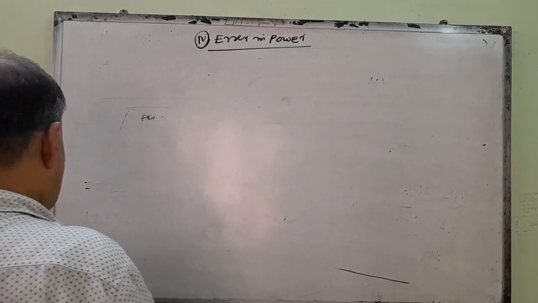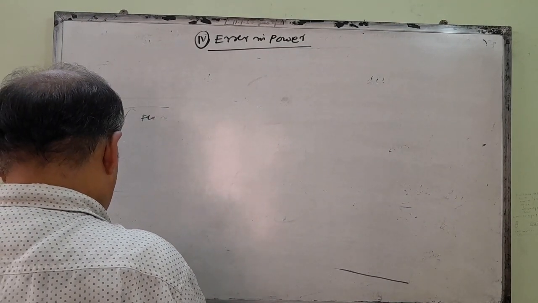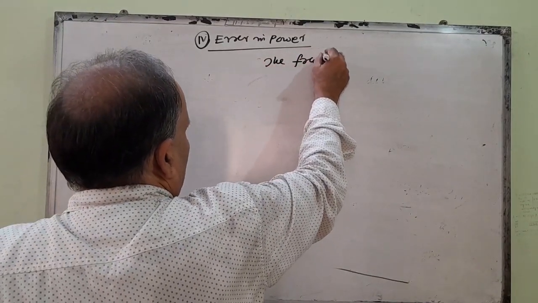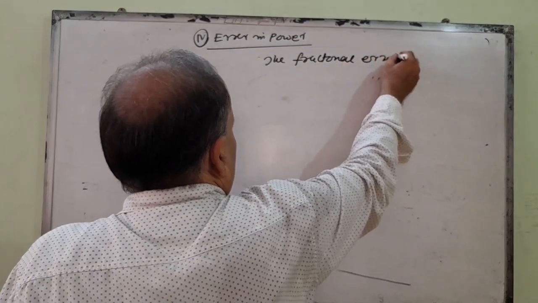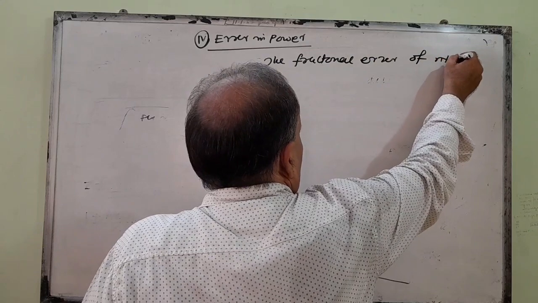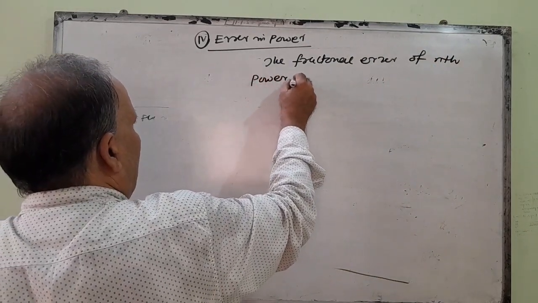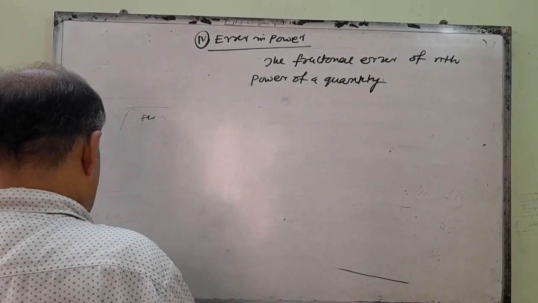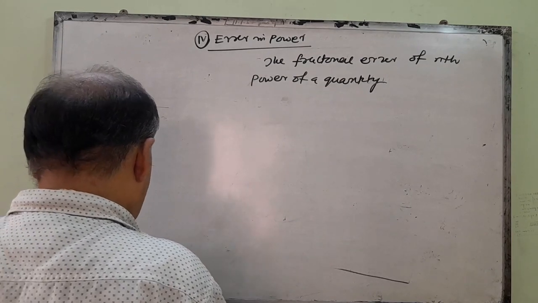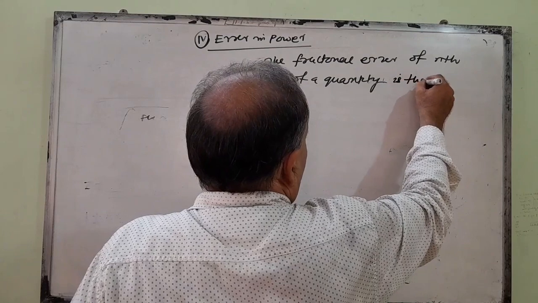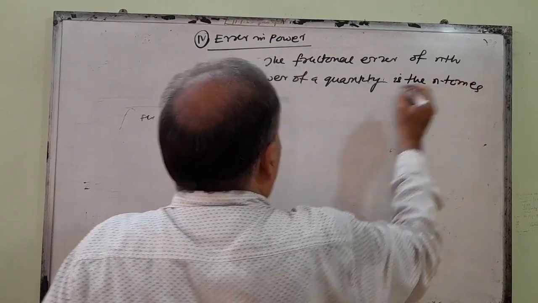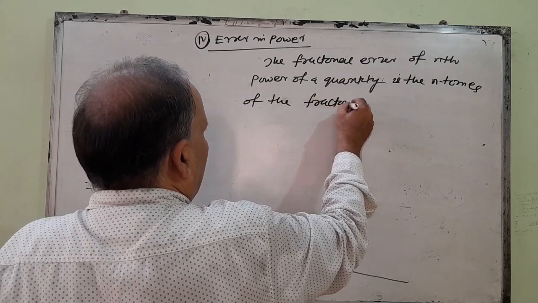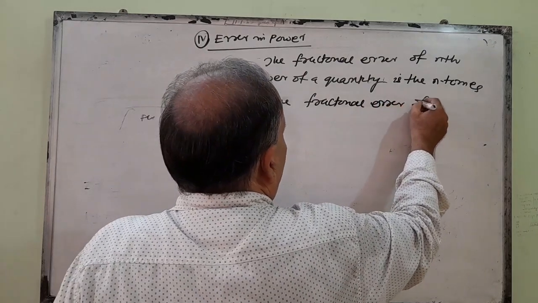Let the fractional error of the nth power of a quantity be n times the fractional error of that quantity.